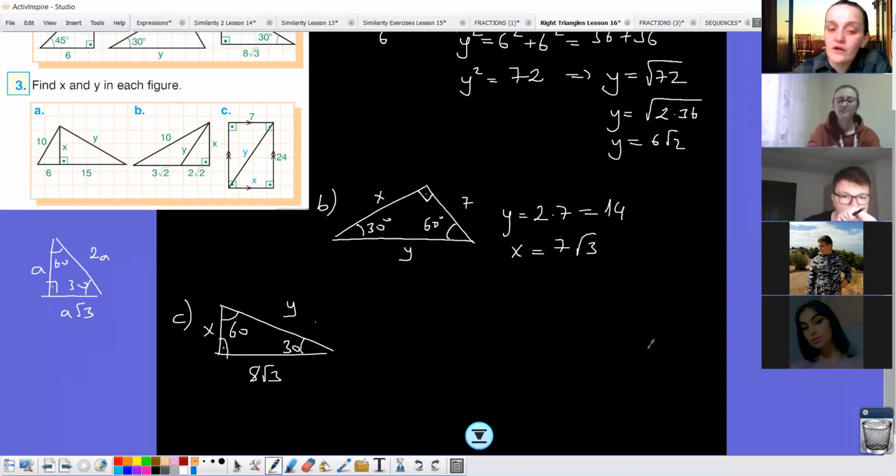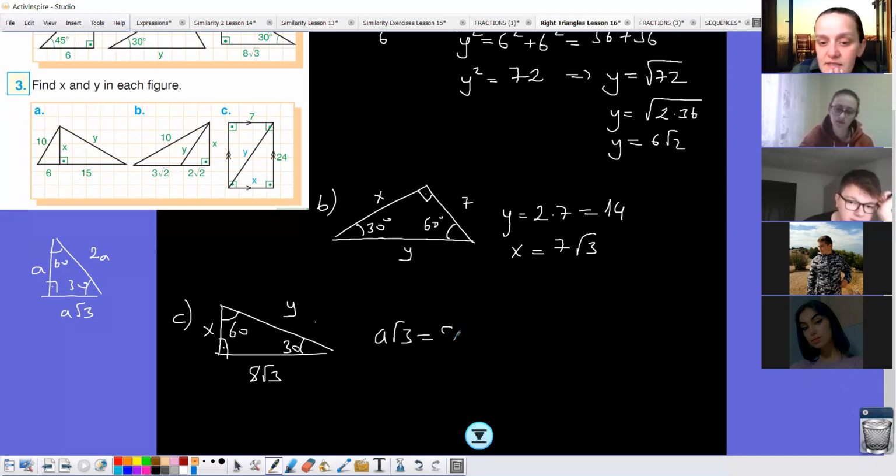Now here, according to our small triangle, which side is given? A root of 3. Opposite of 60. A root of 3 is given as x, 8 root of 3. So our a is equal to 8.